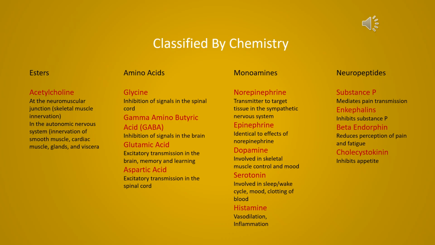So when the small intestine says, hey, 30 tacos is enough, buddy, then it releases cholecystokinin. The cholecystokinin binds to the arcuate nucleus of the hypothalamus, which shuts down the appetite.